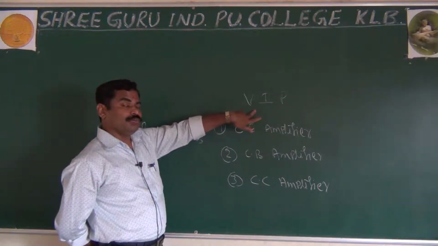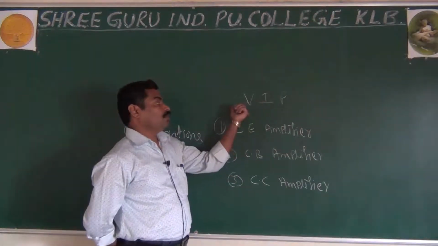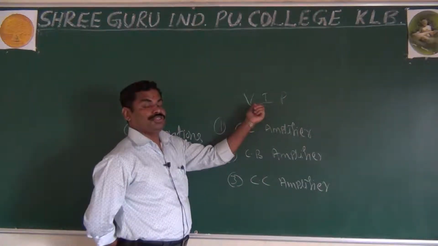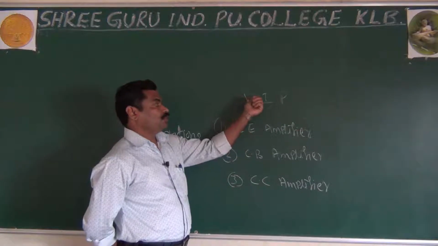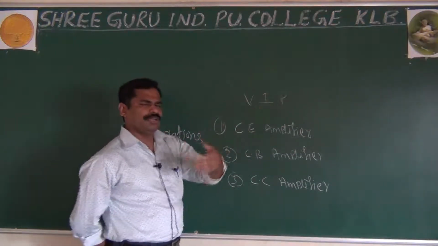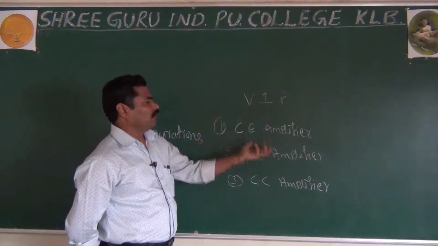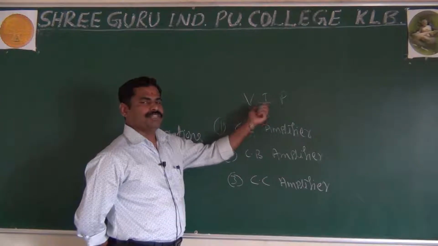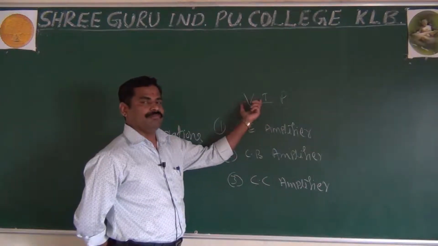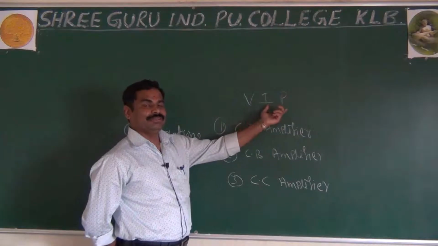That's why I said so many times, in the overall electronics you are studying, we give more importance to these three parameters. One is called voltage, another current, and the next one is the power. And that's why I said so many times that understanding our electronics is called VIP. The subject electronics is called VIP because we are studying about voltage, current, and power.